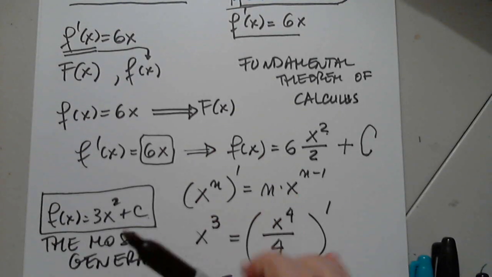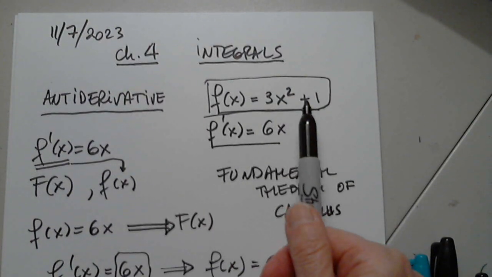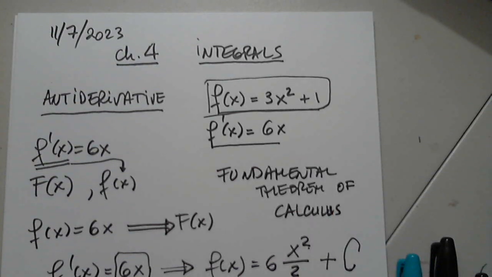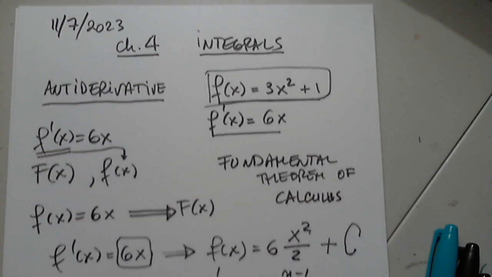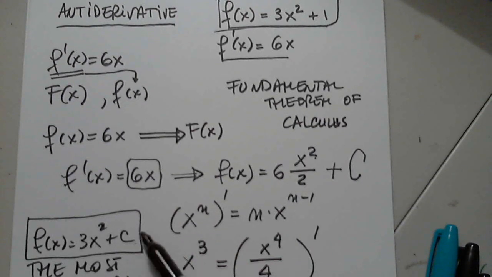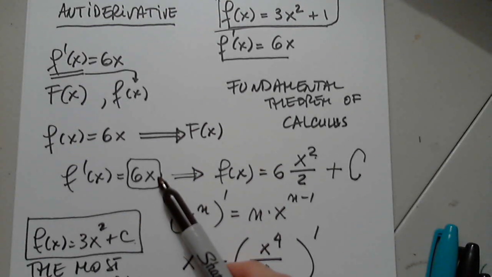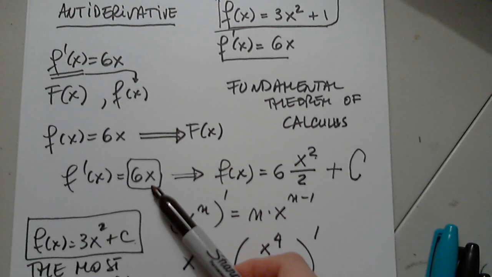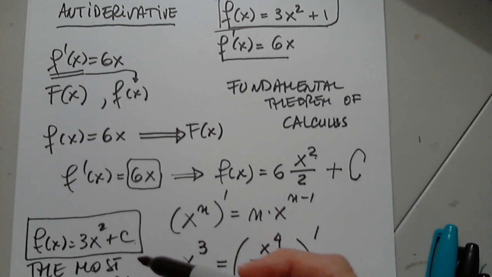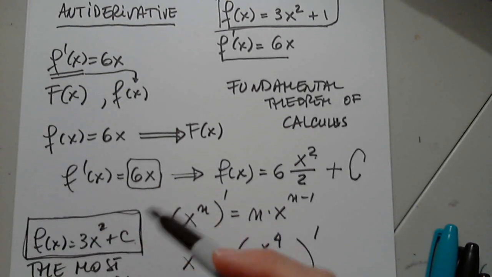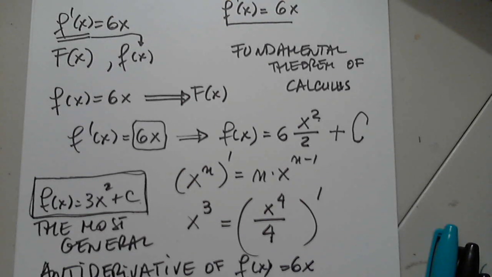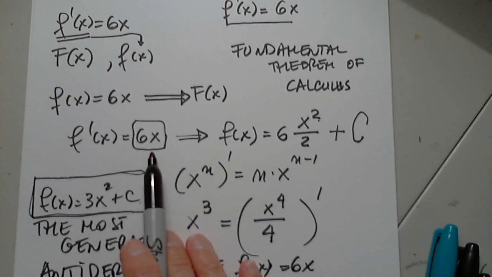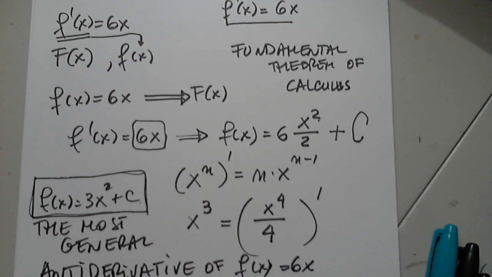One particular one is 3x squared plus 1, if c is 1. But if c is 5, that's another one whose derivative is 6x. If c is whatever number you want, the derivative will still be 6x. So this is called, again, the most general antiderivative of the given function. It's a family of functions. Many functions have the same derivative.